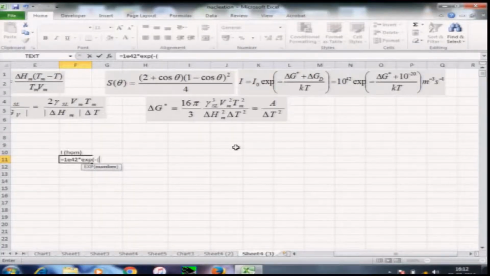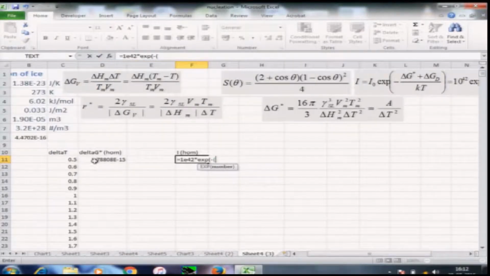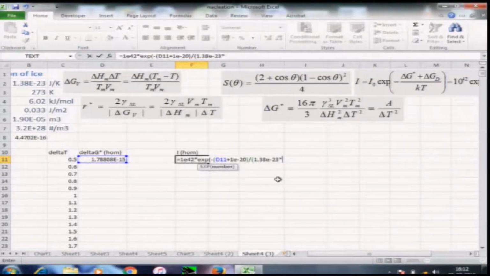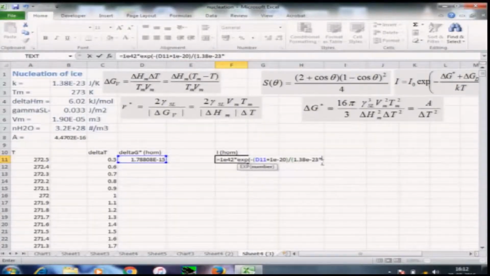minus brackets, and I want to put delta G star here, which the value is residing in D11 cell. So, I click on D11 to get my D11 here, plus delta GD I am taking at 10 to power minus 20, put this divided by the Boltzmann constant, which is 1.38 E or 10 to power minus 23, multiplied by the temperature at which I want to calculate the nucleation rate.